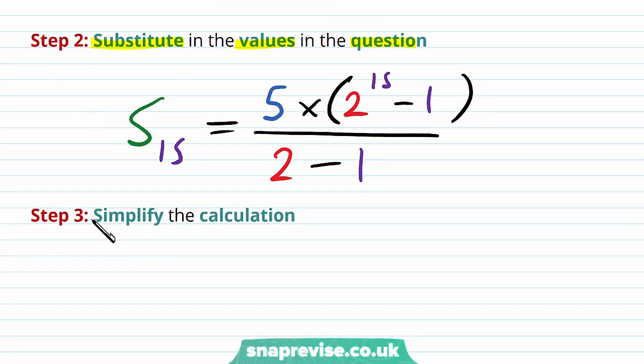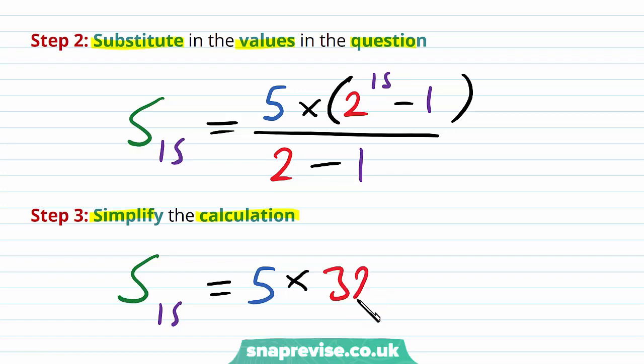Our third step is to simplify the calculation. We have that S subscript 15 is equal to the 5, that's the first term, multiplied by 2 to the power of 15 minus 1, because 2 minus 1, the denominator, is precisely 1. And then 2 to the power of 15 is 32,768, and so we minus the 1 and we get 32,767.